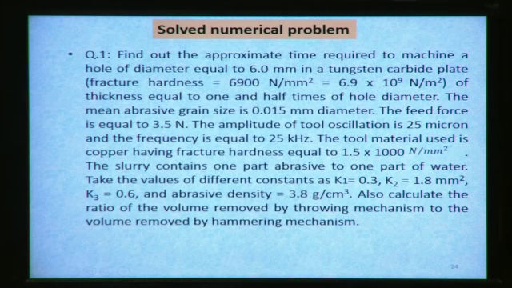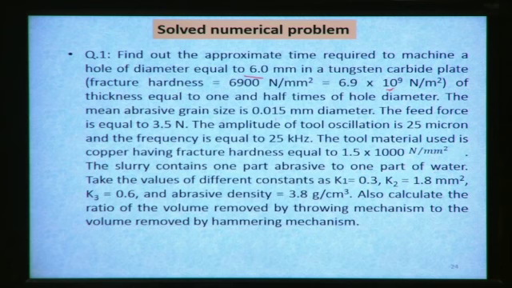Find out the approximate time required to machine a hole of diameter 6 mm in a tungsten carbide plate, which has a fracture hardness of 6.9 into 10 to the power 9 Newton per meter square, and of thickness equal to 1.5 times the hole diameter. Means if the diameter of the hole is 6, the thickness of the sheet will be 1.5 into 6, means 9 mm.